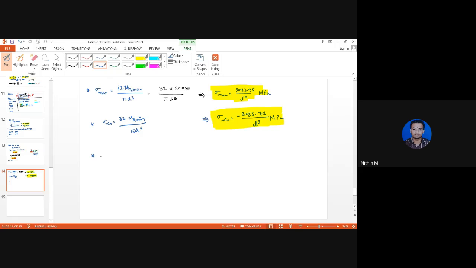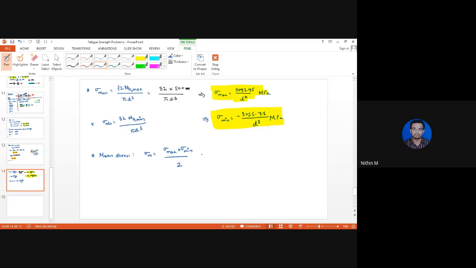Then how do we calculate mean stress? Mean stress sigma m is sigma max plus sigma minimum by 2.